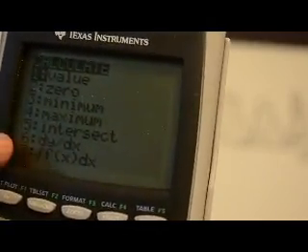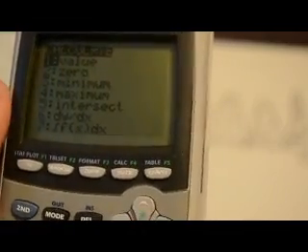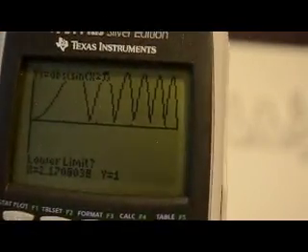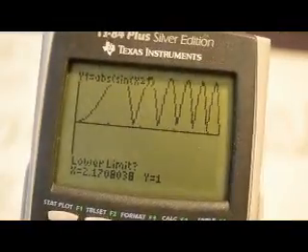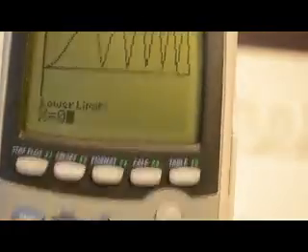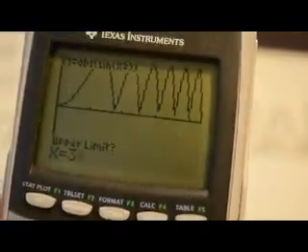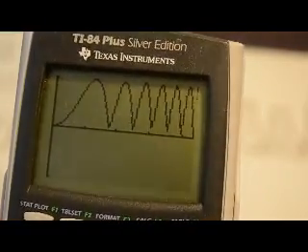In order to do that integration, you're going to go to second, calc, number 7, which says integrate. Click 7, and then it says lower limit. Our limits are the time boundaries. So it's going to be from time 0, enter, to time 3. Then it colors it all in and integrates it all.